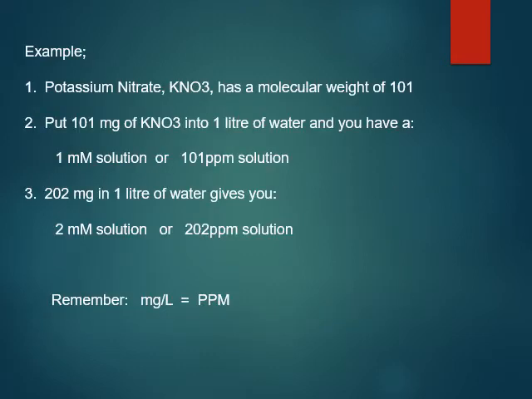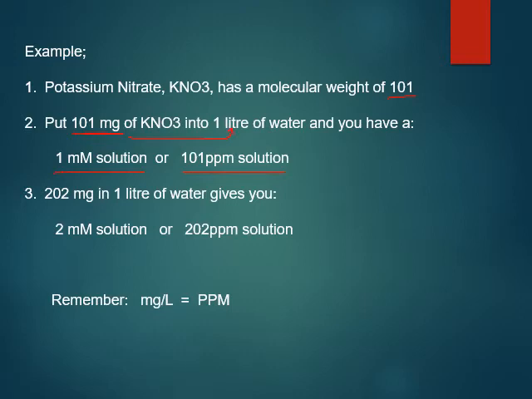So here I have an example. Let's say we're dealing with potassium nitrate. That is a molecular weight of 101. That means if we put 101 milligrams of potassium nitrate in 1 liter of water, we have a 1 millimolar solution, or 101 ppm solution, because milligrams per liter is ppm.